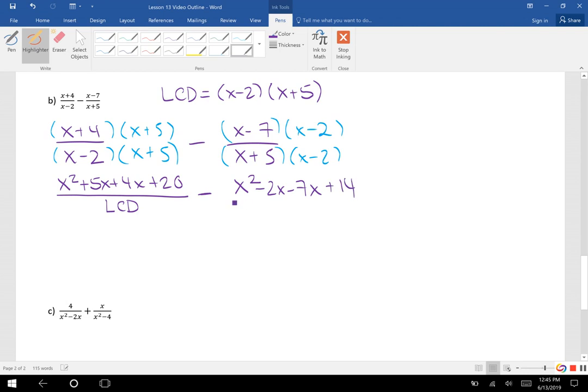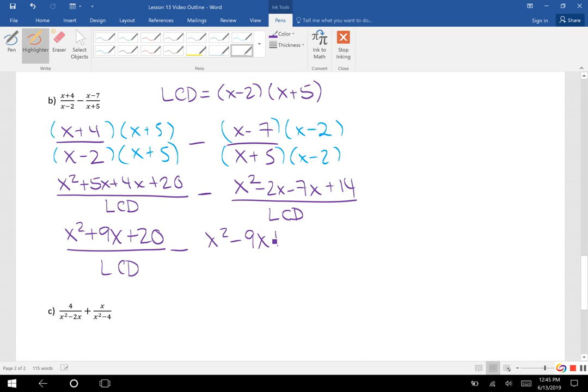And that is over the LCD. And we should probably combine like terms. So x squared plus 9x plus 20 over the LCD minus x squared minus 9x plus 14 over the LCD.